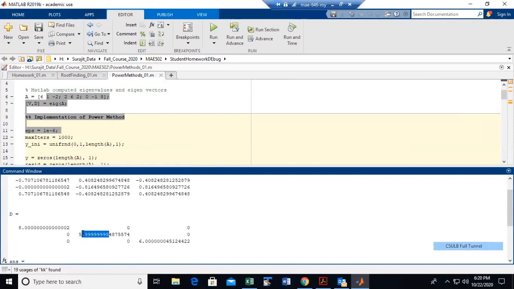I didn't completely get it. Oh, because remember, if the matrix is defective, we have to find the missing eigenvector, and MATLAB didn't do that for us, right?